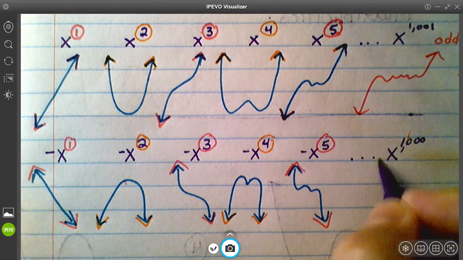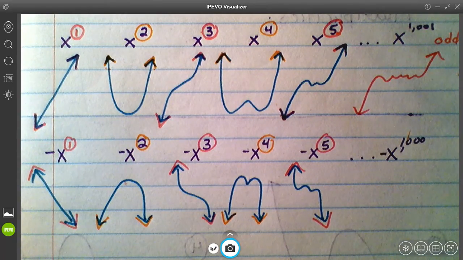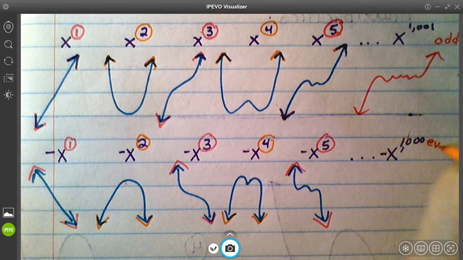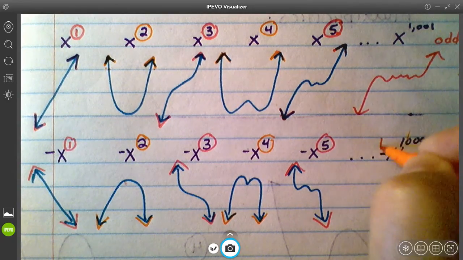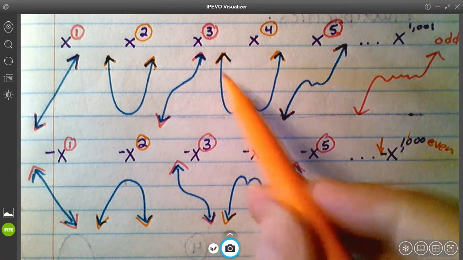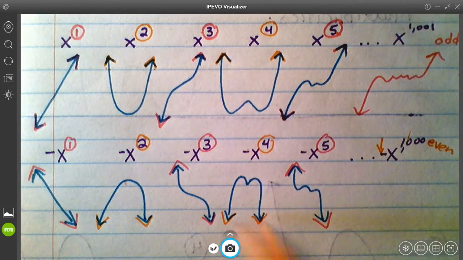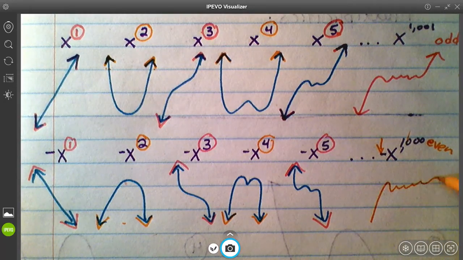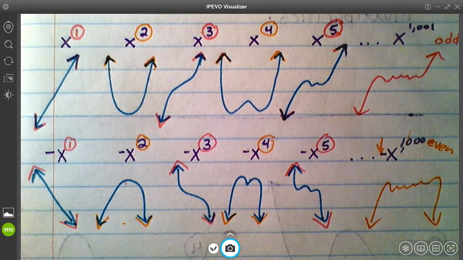And let's actually change this. Let's make that a negative. We can leave it a positive. It doesn't matter. When I'm looking at this one, I'm looking at x to the 1000 power. So this is an even degree, and it's a negative. So they're both going to be going in the same direction, but they're both going to be going downward. So something like that.